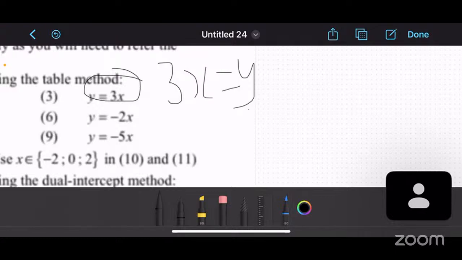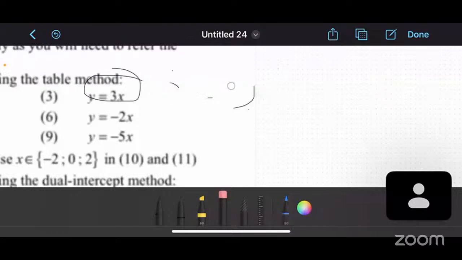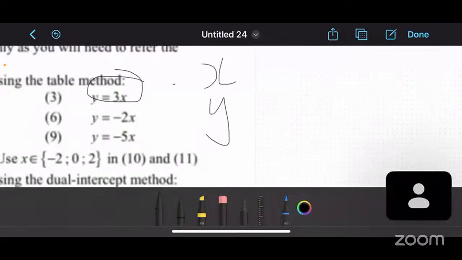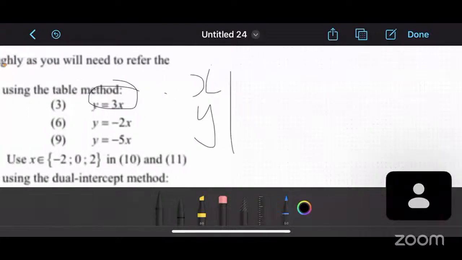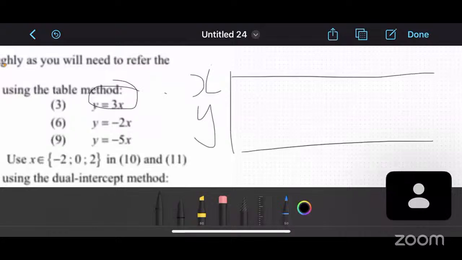I'll show you here. You're going to have your x and y, and then the next thing that you're going to do is to pick at least 5 values of x, right?